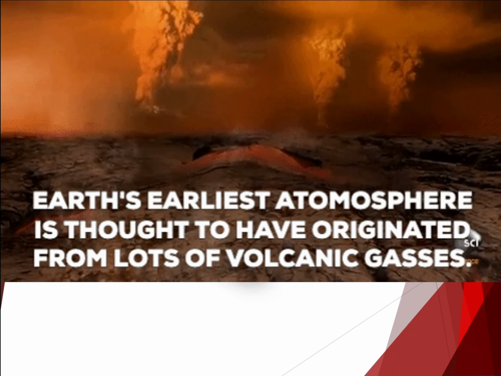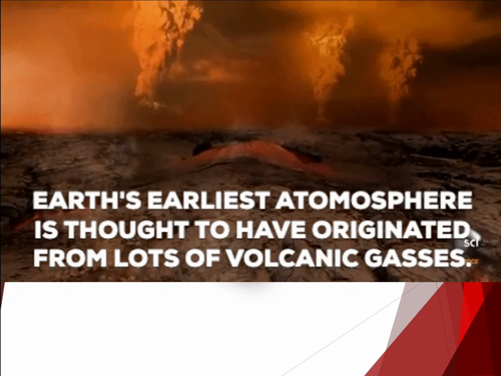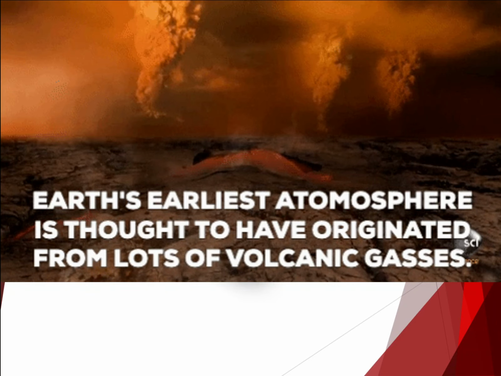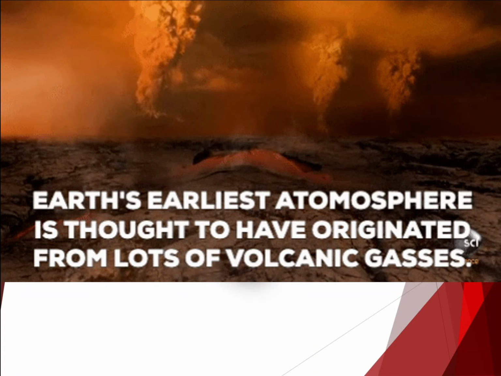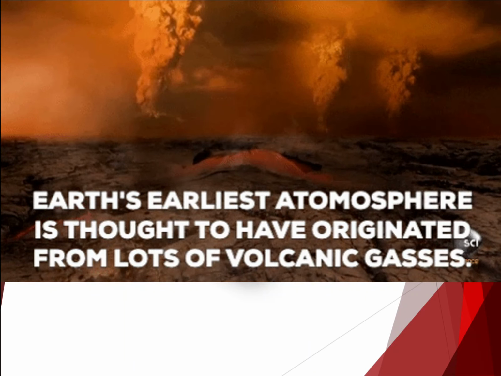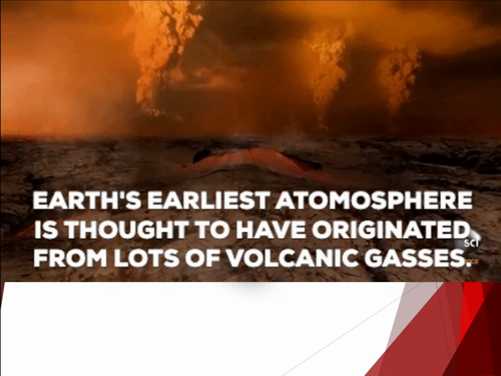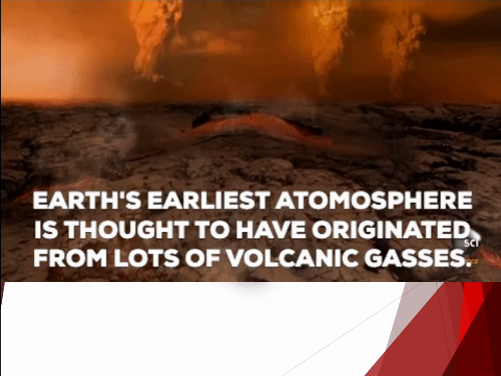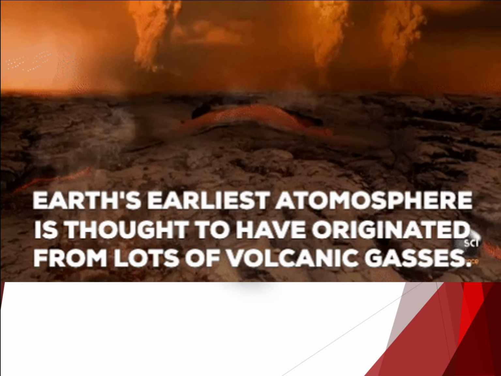It is also thought that this early atmosphere was blown off from the planet not by solar wind, but by a catastrophic impact with a huge object the size of Mars, that as a result of this massive impact, that early atmosphere was again thrown off into space, and this would have happened around 4.5 billion years ago.